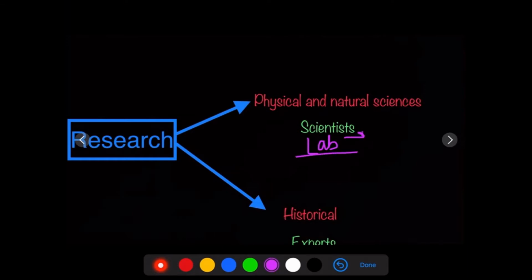This laboratory method is known as the empirical method, where we do experiments and observations. So in physical and natural sciences, the empirical method, which is the laboratory method of experiments and observation, is used to verify available knowledge.